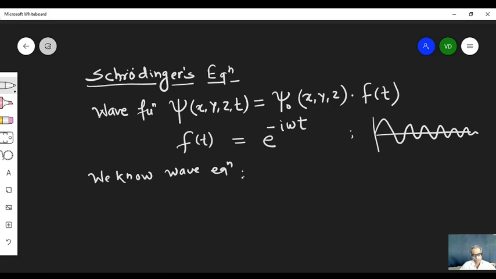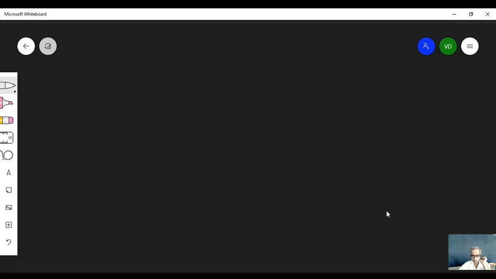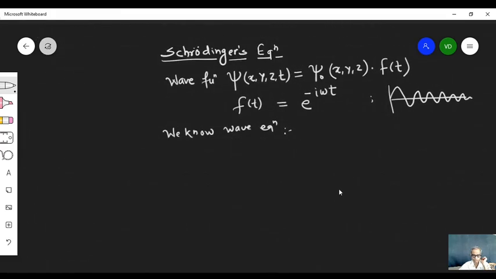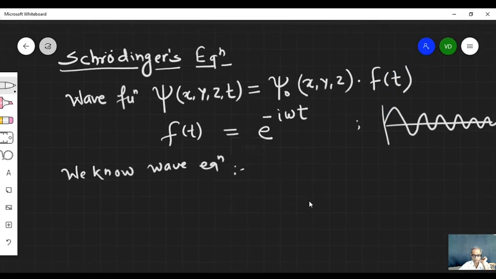This wave equation is applicable for all the waves, like waves on a string also. So we can just write the equation here.